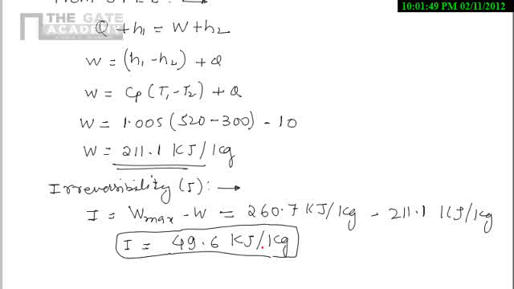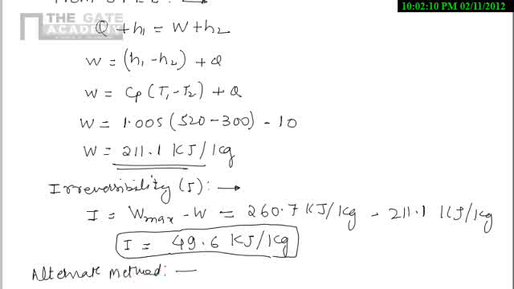There is one alternate method also. We know the irreversibility is the product of ambient temperature and the change in entropy for the universe. So I will describe the alternate method.